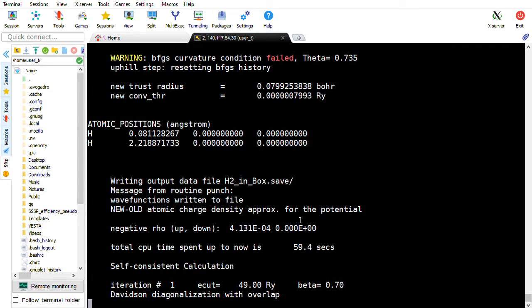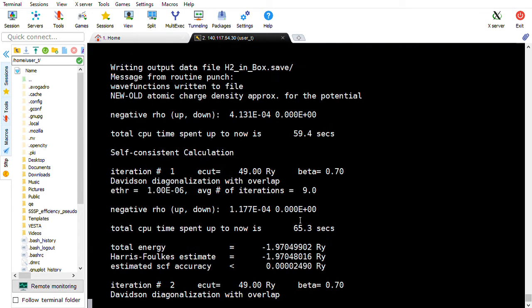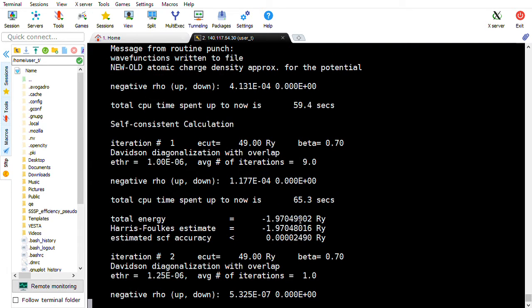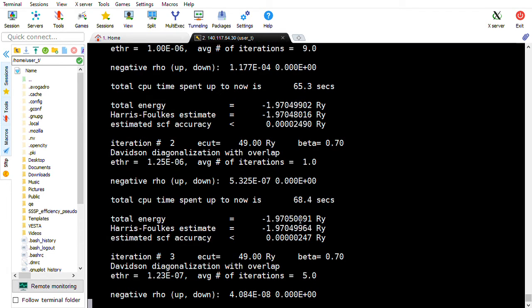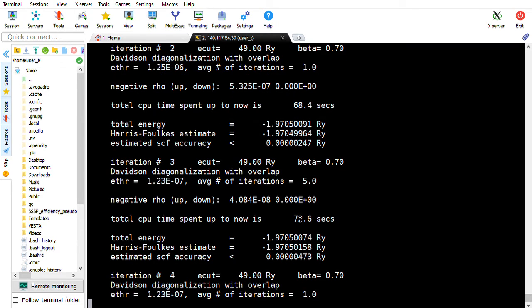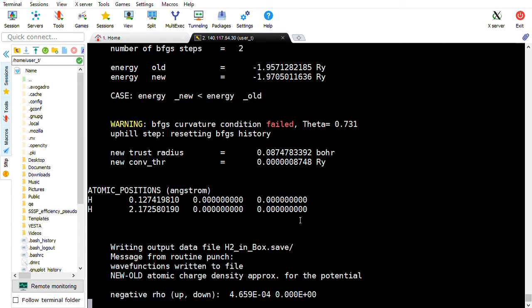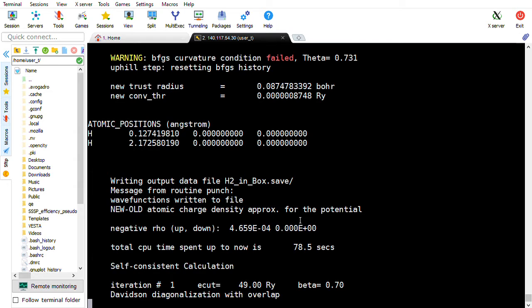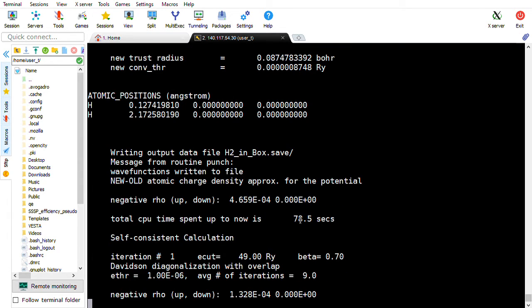And the distance has shifted again. I have now 2.2 here, and the other position was 0.08. So that will take a while, right? Because I put the two atoms quite far away from their optimal position. So they start slowly moving towards each other. Things are happening.